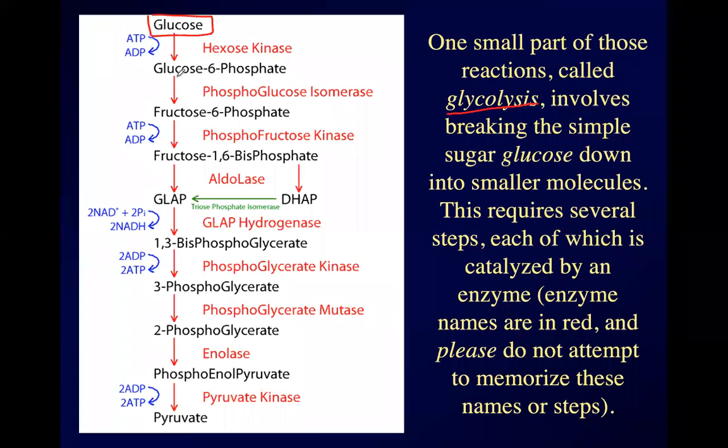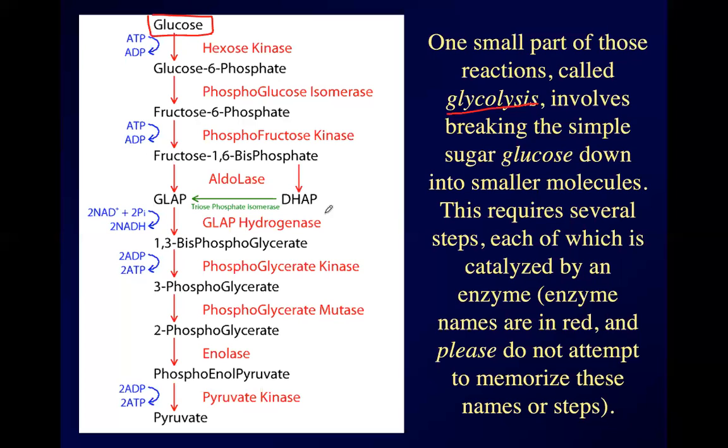And then the glucose 6-phosphate has to be converted into fructose 6-phosphate by an enzyme called phosphoglucose isomerase. And then the fructose 6-phosphate has to be converted into fructose 1,6-bisphosphate by an enzyme called phosphofructokinase. And then that fructose 1,6-bisphosphate gets split in two by an enzyme called aldolase.